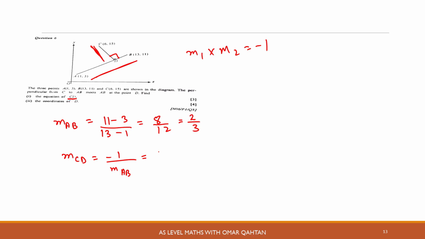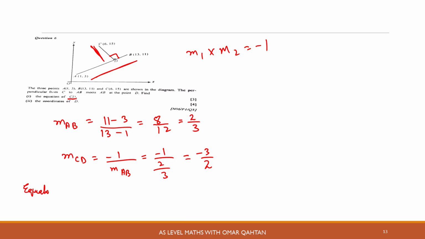So this will become -1 upon 2 upon 3, which is equal to -3 upon 2. That's it. Now we'll just substitute the values in, and we'll find the answer for the equation of CD.